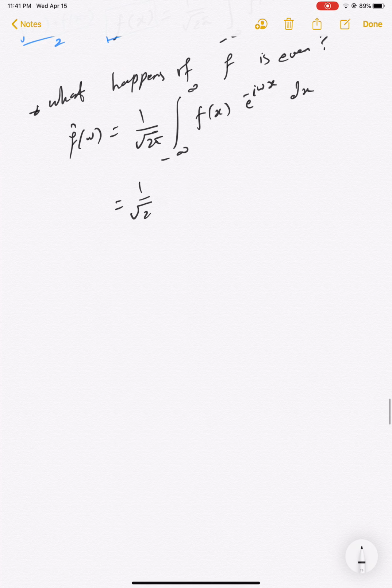But now, what is the e to the minus i omega x? This is neither odd nor even, but we can write it in terms of cosine and sine. So now this is cosine omega x minus i sine omega x dx.